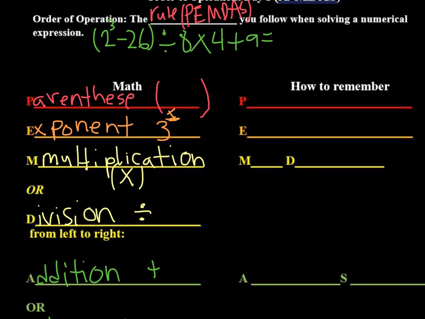Here we only have one addition, but the subtraction is inside the parentheses. But let's say we have one addition here, and let's say this was subtraction. If we look from the left to the right, and if this was a subtraction, we'll do this before we go to the addition.